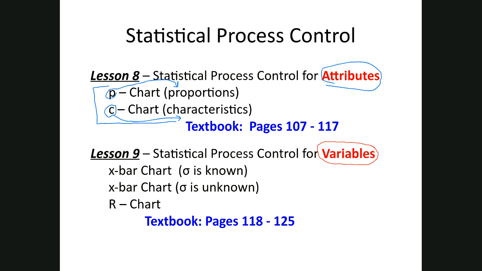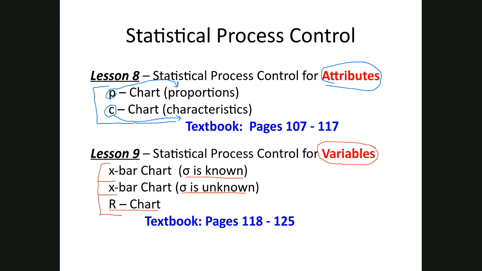We're going to look at 3 control charts: an X-bar chart in the case where the standard deviation is known, and an X-bar chart in the case where the standard deviation is unknown. And then finally, we're going to look at an R chart, or a range chart. That will be in the next class.